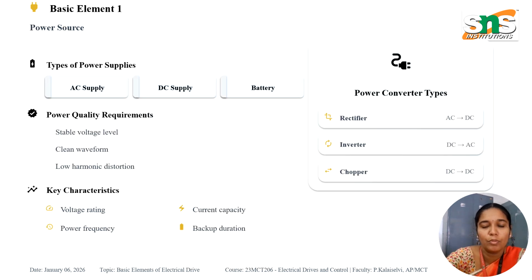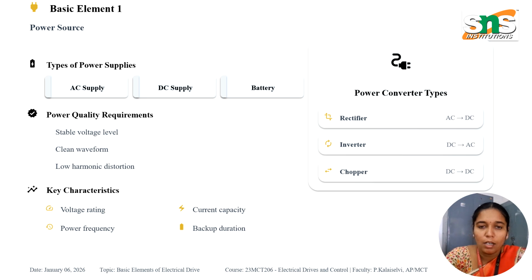So let's see the individual basic elements. The first basic element is the power source, which supplies energy to the drive system. It can be an AC supply, a DC supply or a battery. Power quality matters. Why?